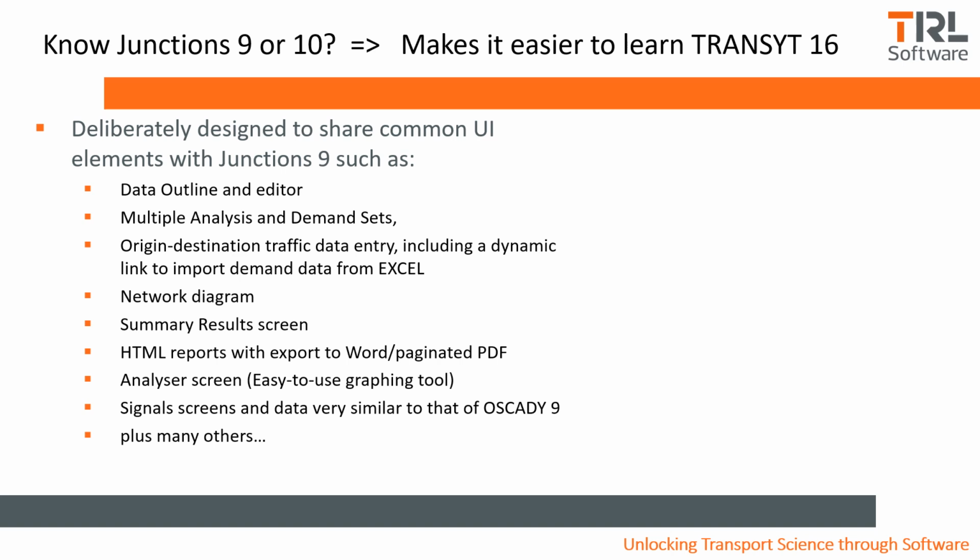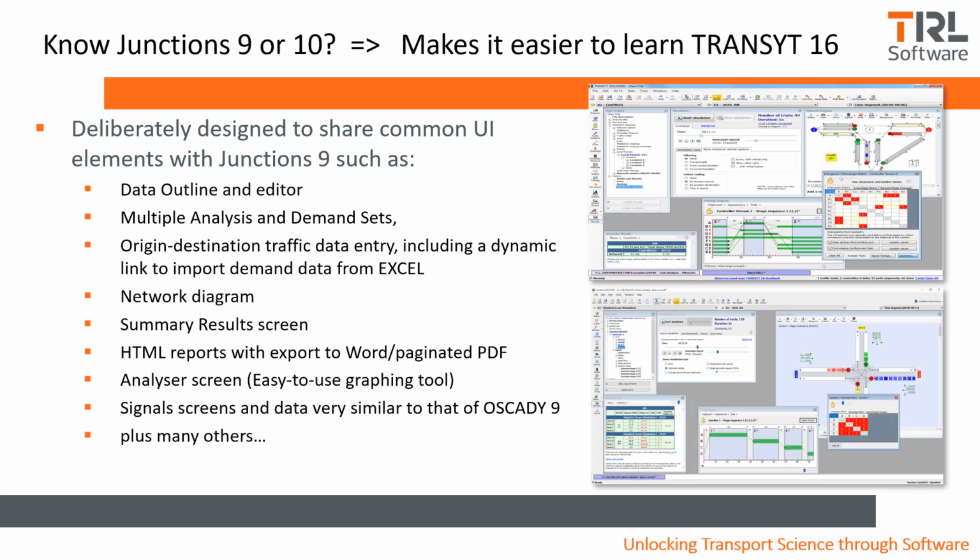The HTML report is very similar as well. The Analyzer screen, you can't tell the difference really between them. Very small differences. Signal screens and data are also very similar between the Oscady 9 module in Junctions 9 compared to TRANSYT as well. So familiarity with one of the products will help you a lot with the other one.